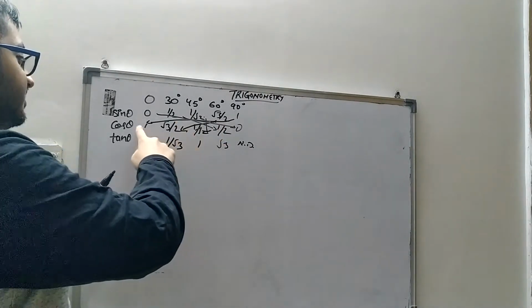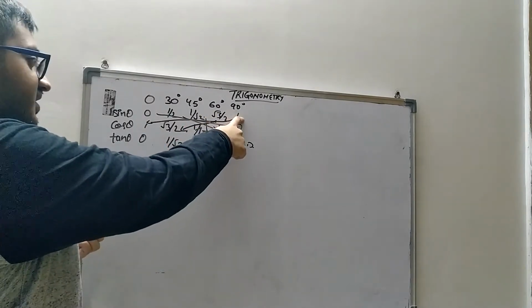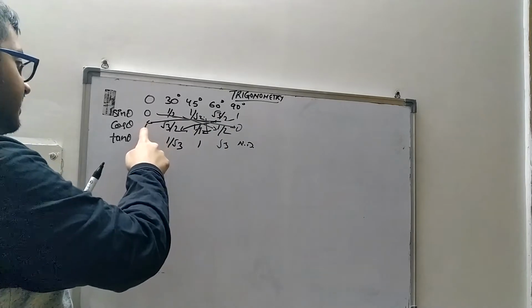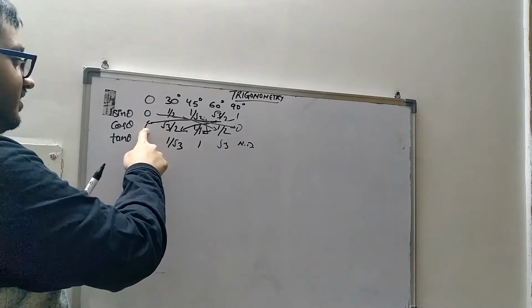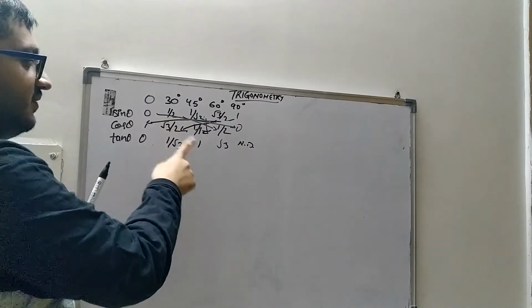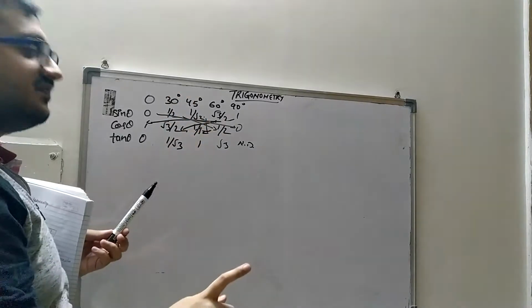Here in cos theta, cos 0 is 1, as sine 90 is 1, so we go backward. Then we write the cos angles: cos 0 is 1, cos 30 is root 3 by 2, cos 45 is 1 by root 2, cos 60 is 1 by 2, and cos 90 is 0.